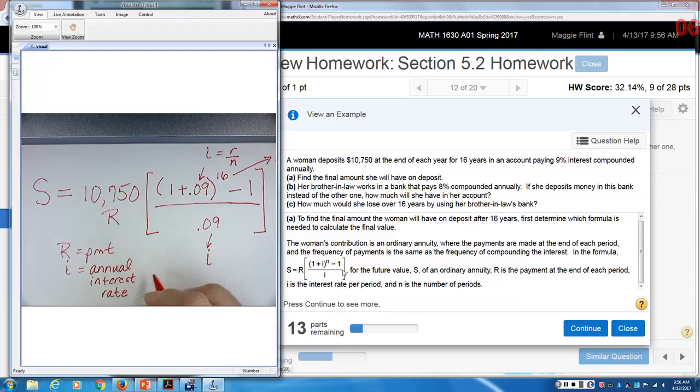And we actually have to divide it by the number of periods or compoundings.